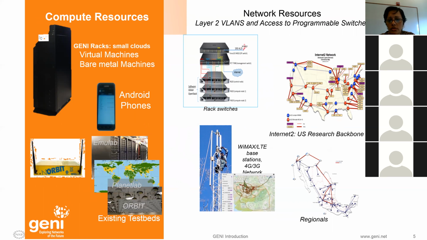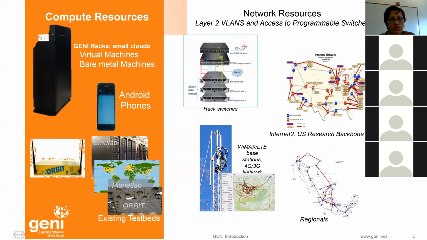So really, you have complete control once you have created your own experimental slice in GENI, and we'll talk about what we mean by your own controlled slice. But as I said, the Internet2 research backbone is available to GENI.